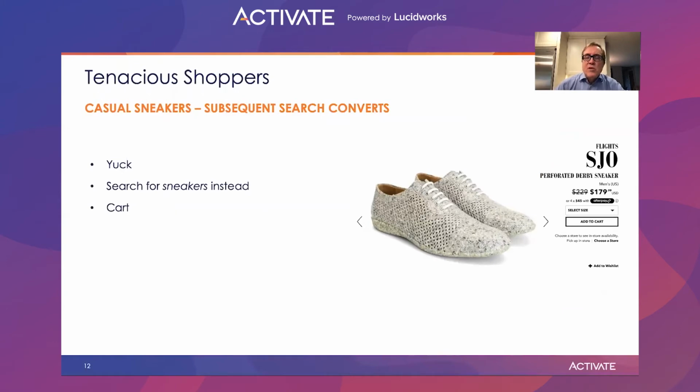So this signal in aggregate, let's say that we find that 100 shoppers have done this over a period of a month. That's a pretty strong signal and a costly signal, because those 100 searchers had to try pretty hard to get to this point, do extra work.